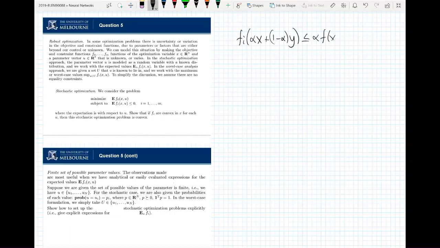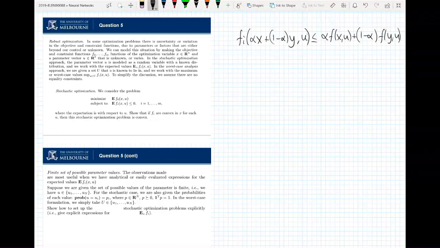Actually, this is with u, so this is the difference. There's uncertainty, and then I have alpha f of x, u plus 1 minus alpha f of y, u, right? So this is the line above, and if it's convex, the function value is less than or equal to the line above. And the question is, when we write it in this way, essentially all the functions, I take the expectation with respect to u.